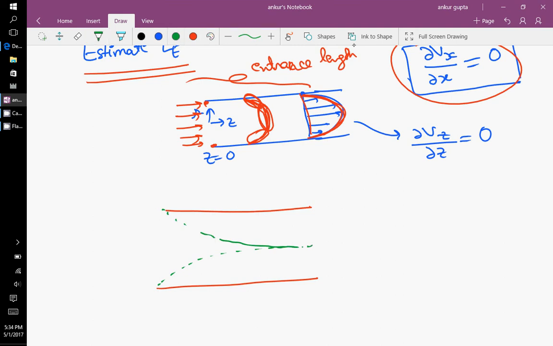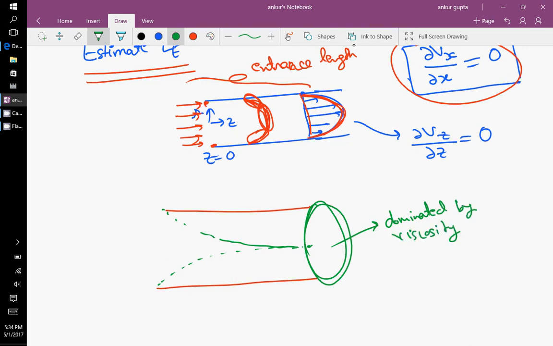When the boundary layers meet, after that point the entire region is dominated by viscosity, right? A boundary layer is a region dominated by both viscosity and inertia. So the boundary layer is the region where viscous forces matter, and the region outside the boundary layer is the region where viscosity does not matter, right?